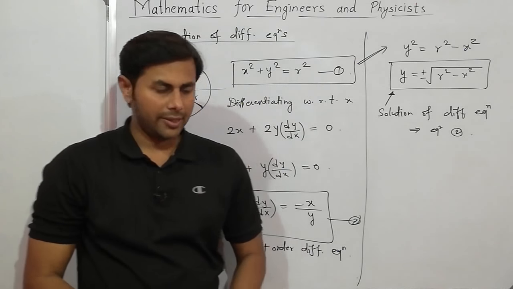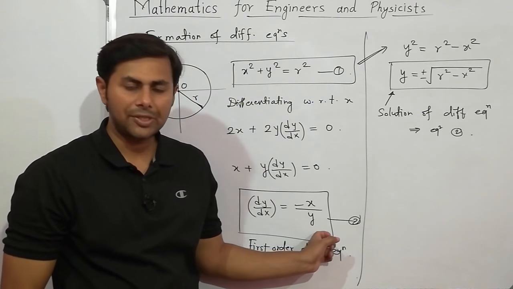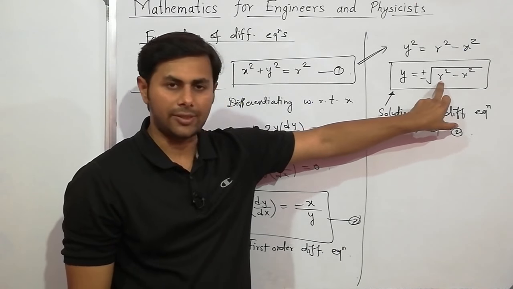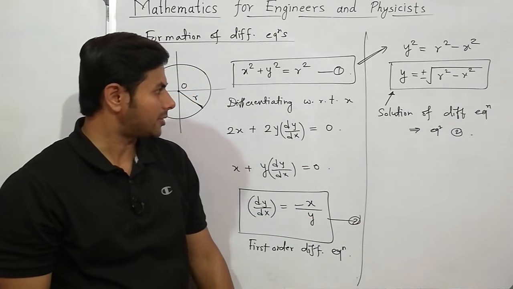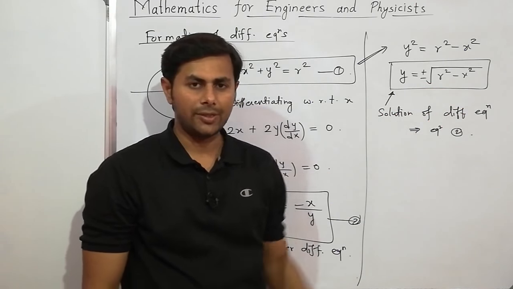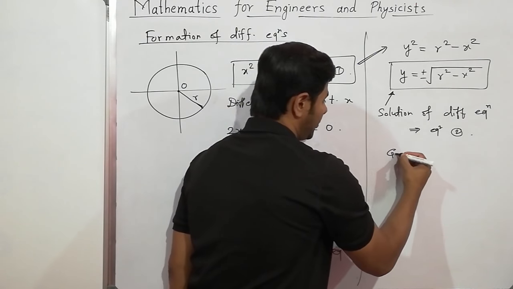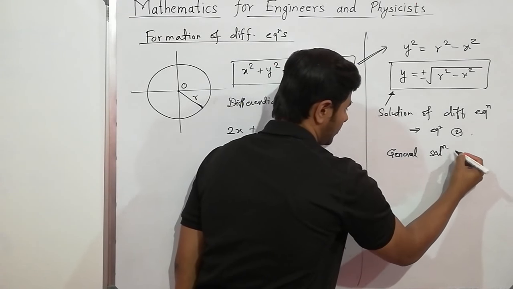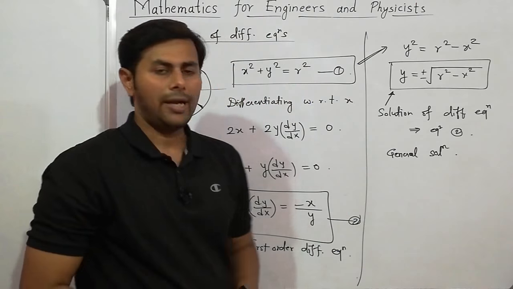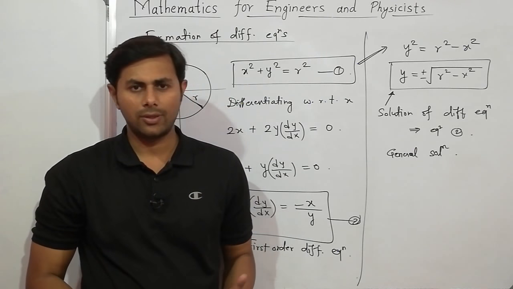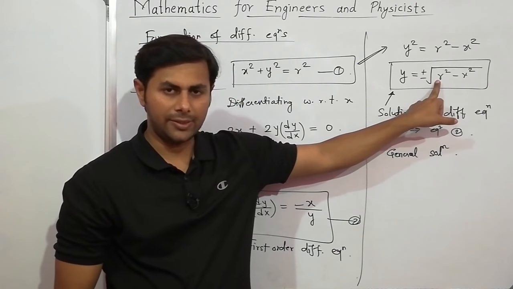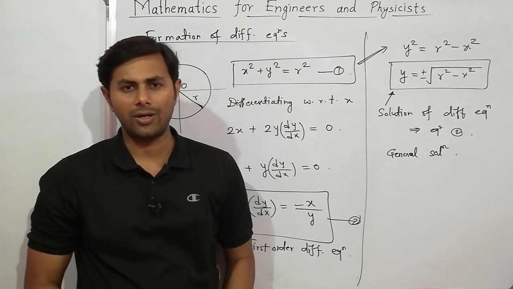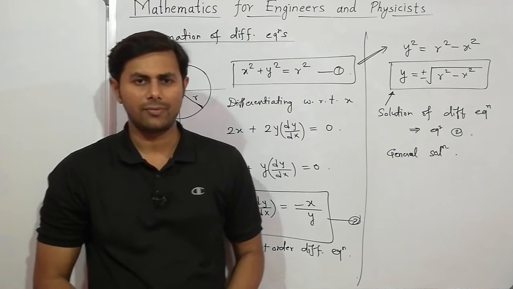Okay, now notice that this is first order differential equation and this solution contains this constant, one arbitrary constant. So this type of solution is called as general solution. And if we know the value of that arbitrary constant, so for particular value this will be called as particular solution.